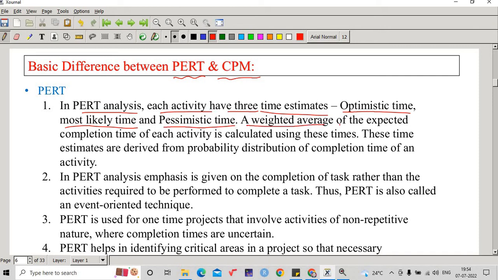A weighted average of these 3 time frames, optimistic time, most likely time and pessimistic time, gives us the expected completion time of each activity, which is calculated using these different times. These time estimates are derived from the probability distribution of completion time of an activity.